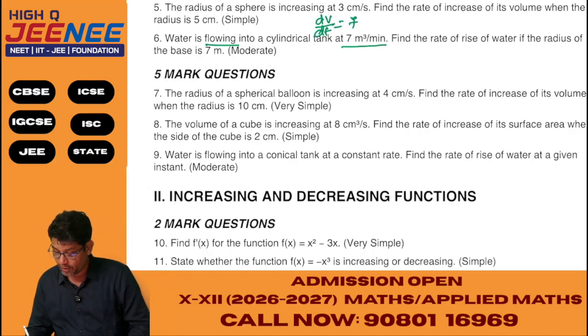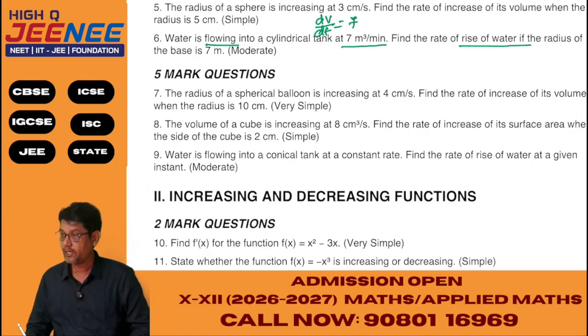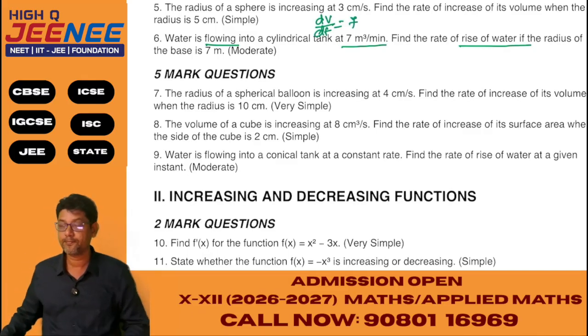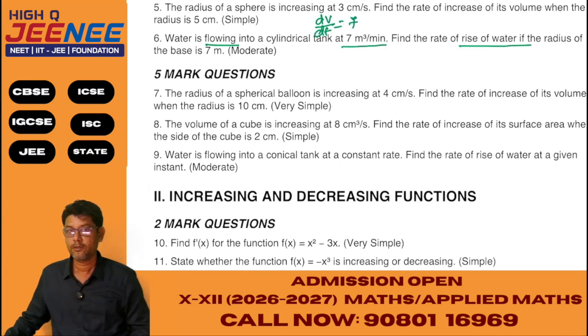Find the rate of rise of water. That means we are dealing with what here? Rate of rise of water, if the radius of the base is 7 meter.